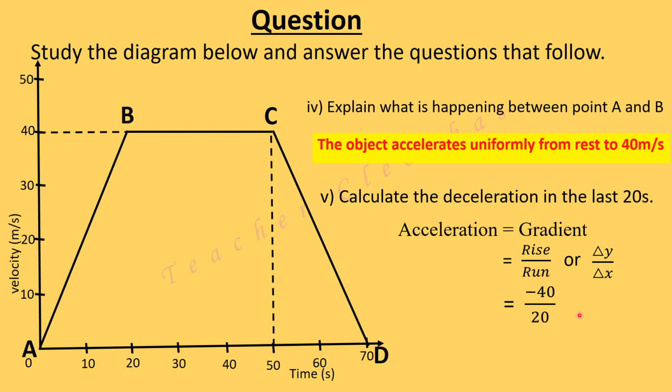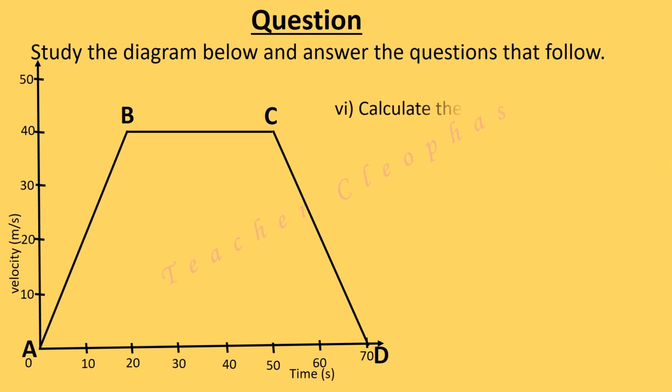If we divide this, it simplifies to negative 2 meters per square second. This is our acceleration. So to get the deceleration, we simply drop the negative sign, or multiply by negative 1, which gives us deceleration being equal to positive 2 meters per square second.